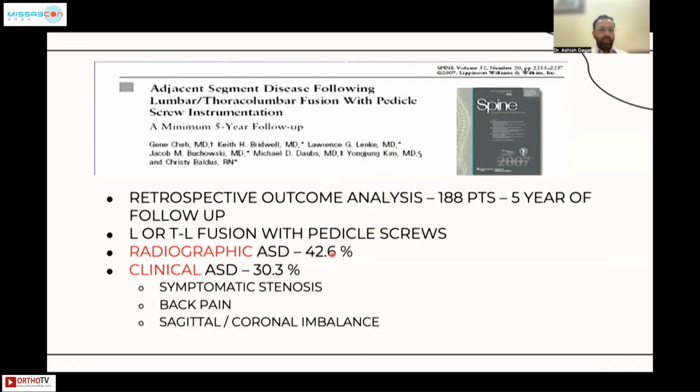But they also showed that the incidence of clinically significant adjacent segment disease ranges at around 30%. The most common symptoms of clinically significant adjacent segment disease include spinal stenosis and related symptoms like back pain and radiculopathy, back pain related to instability, and sagittal and coronal imbalance.